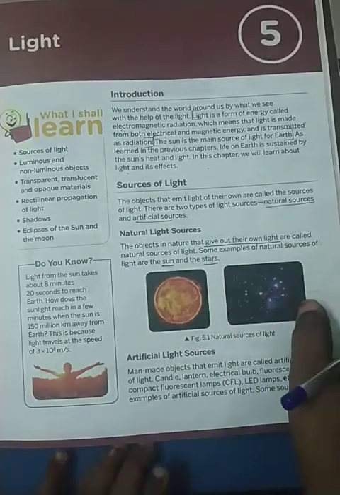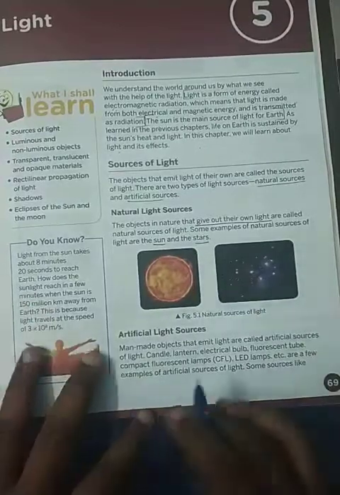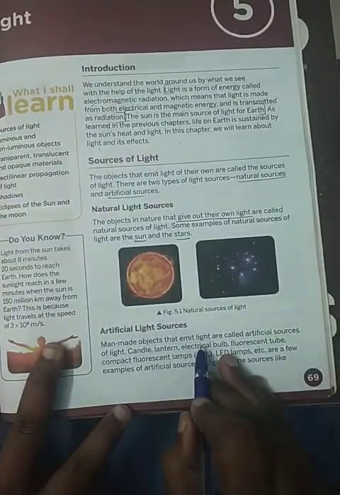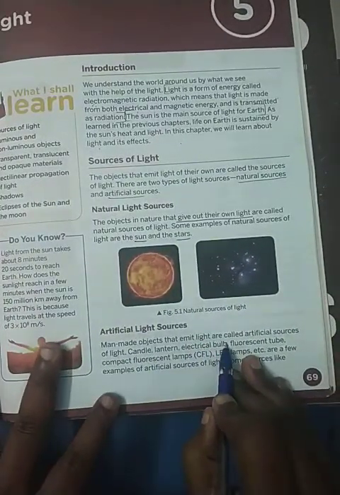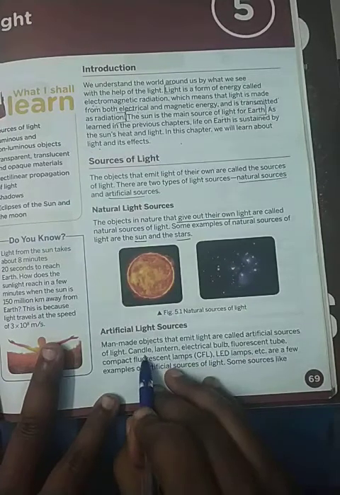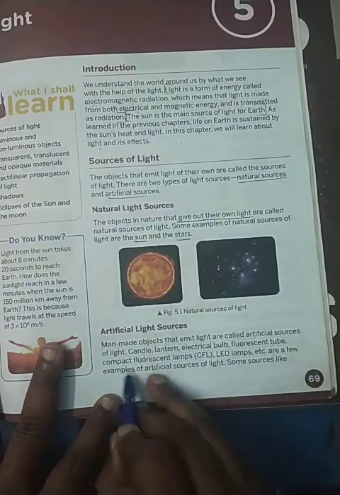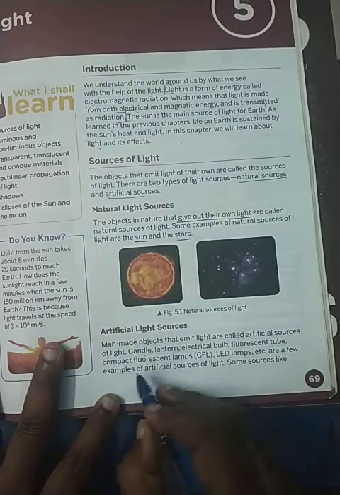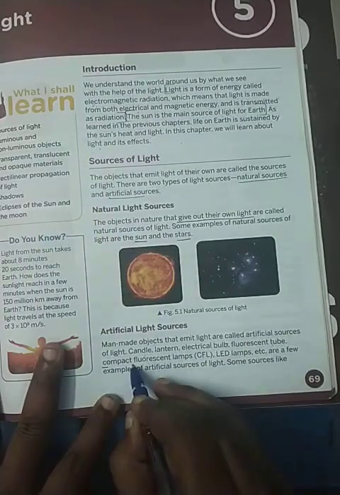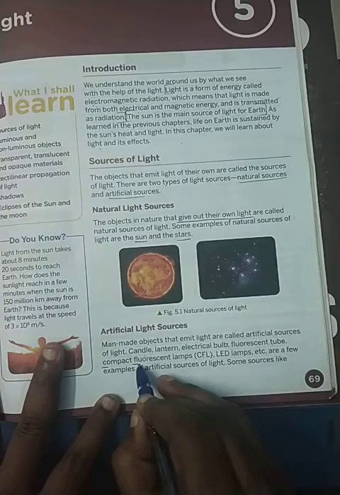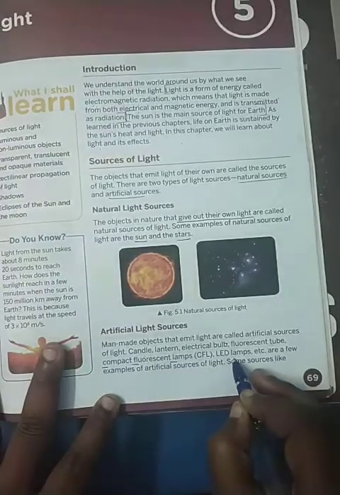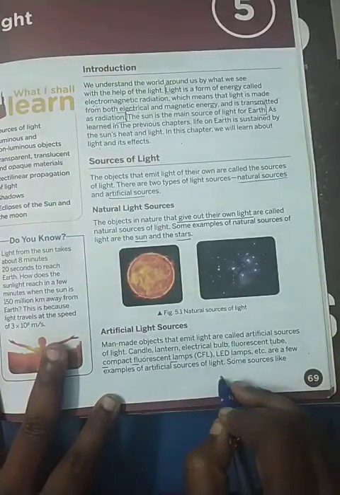Now coming to the artificial light sources. The man-made objects which emit light are called artificial sources. Examples: candle, lantern, electrical bulb, fluorescent bulb, CFL, compact fluorescent lamp. This is the expansion of CFL, that is compact fluorescent lamp. LED lamps are all examples of artificial sources of light.